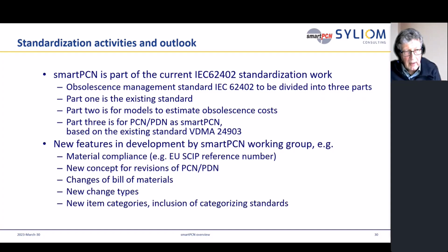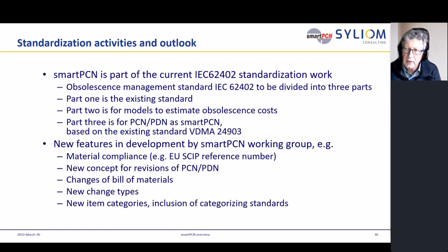For example, we will include a SCIP reference number. Everybody who is familiar with the material compliance regulations in Europe knows you have to provide a SCIP number. The SCIP number gives you a registration at the European Chemical Agency in a SCIP database, and SCIP means substances of concern in products.